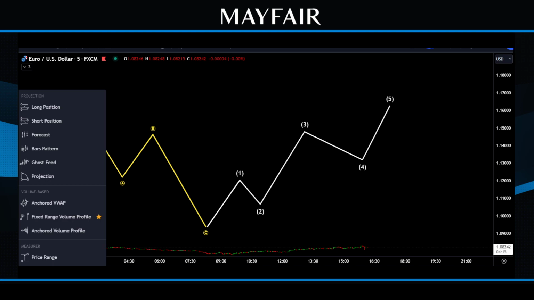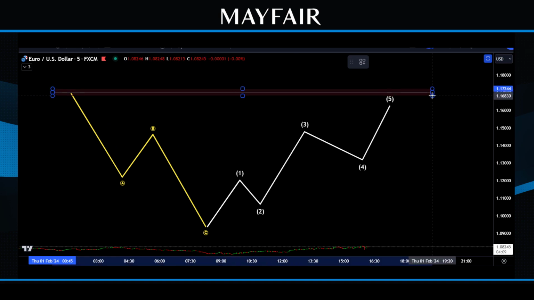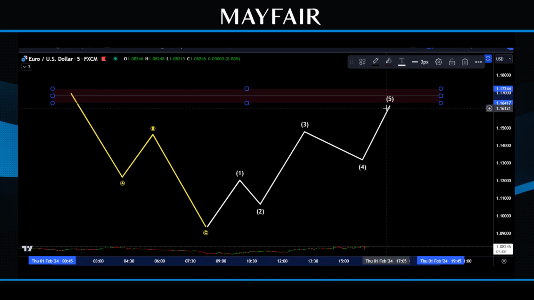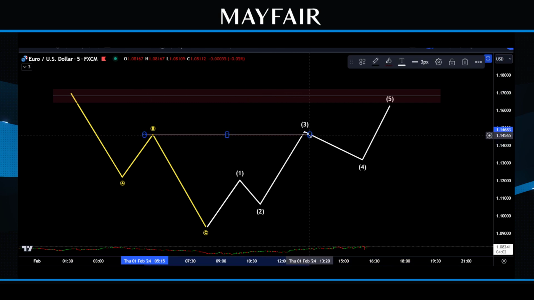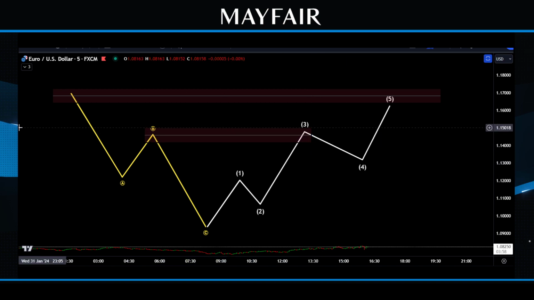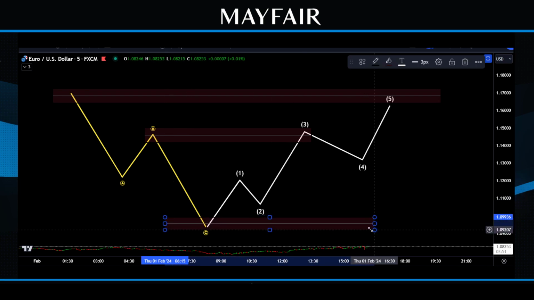Although this is pretty textbook, and there's nothing really in trading that is textbook, what you have to realize is you're going to get things that look a bit like this. You're going to get levels that, not always, but will sometimes marry up or at least overlap in some way, shape, or form. This won't always be the case, but you can also get levels down here.